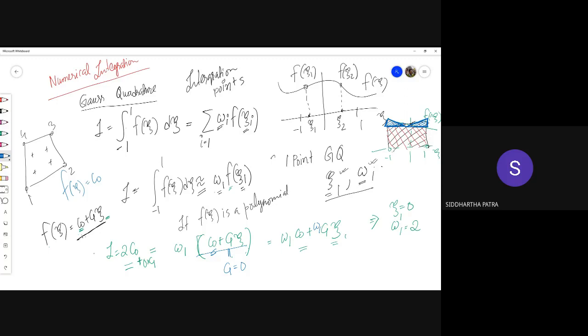For example, if we are integrating B transpose dB, and that for a CST element is a constant, then this times determinant of J, that we are integrating with respect to xi and eta. You see, this term is a constant, so for a CST element we can use a single point Gauss quadrature.